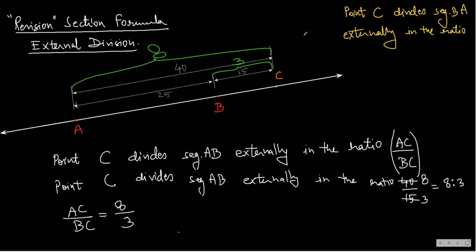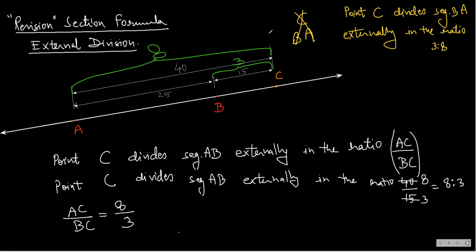Since I'm writing C divides BA, it is BC upon AC. So BC upon AC would be 3:8. It is 3:8 in the ratio 3:8.